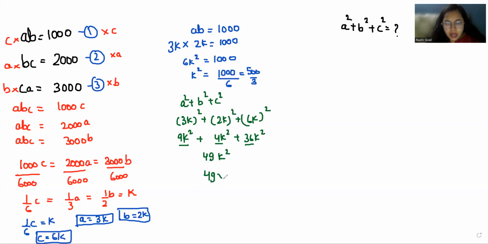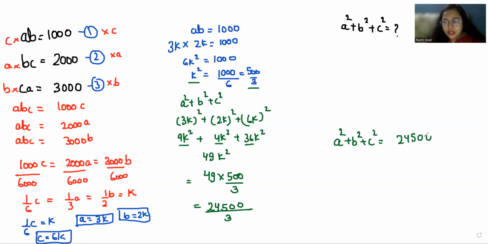So 49 times the value of K square, which is 500 by 3. Nine times 5 is 45, carry over 4, 24. So 24,500 by 3. The value of A square plus B square plus C square is 24500 by 3.